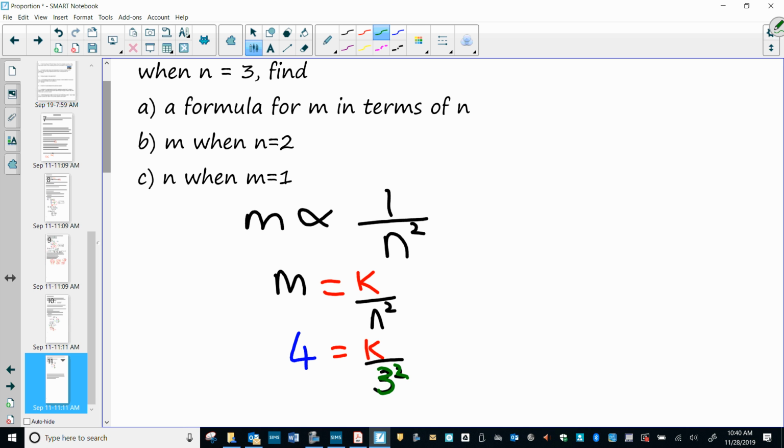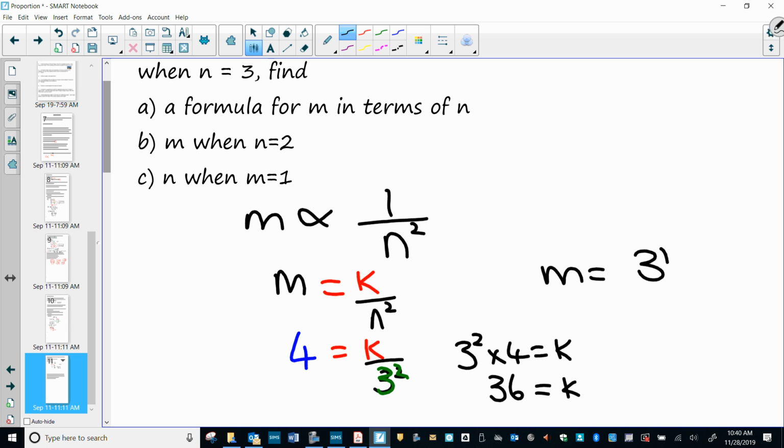So this is going to be 4 is equal to k over 9. So 3 squared multiplied by 4 is equal to k. So k is 36. So our formula for this is m equals 36 over n squared.